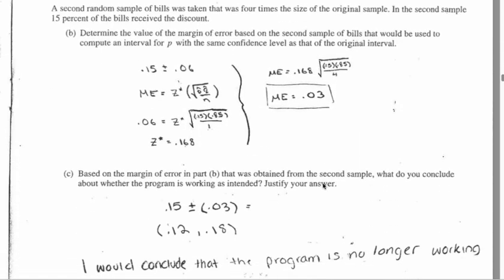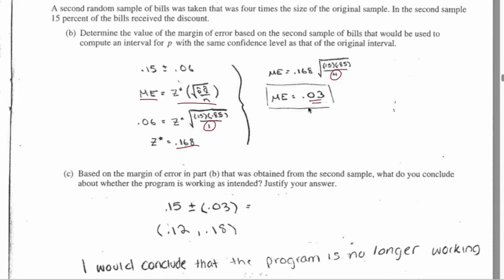If you go to part B, they have a margin of error formula that is correct. You can tell that they had a sample size of 1, and then they had a sample size of 4. And they are using a Z of 0.168. And doing the calculation with a sample size 4 times as big, they do some algebra in there, and they get 0.03.